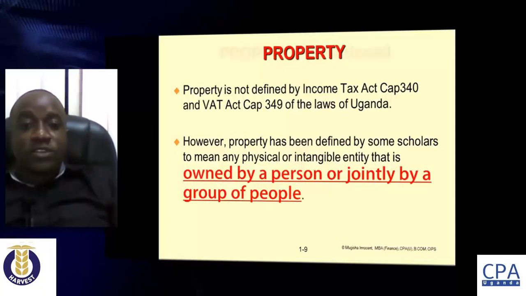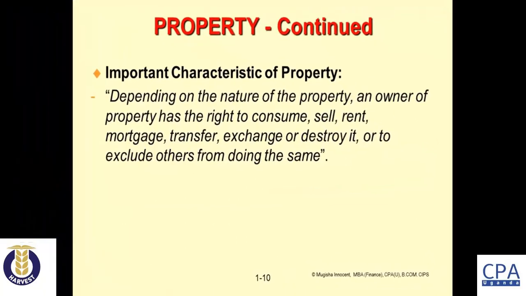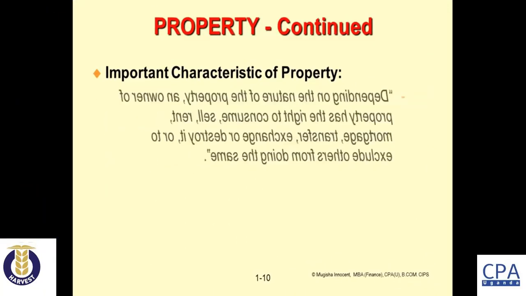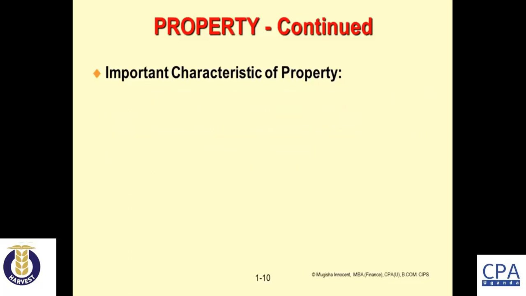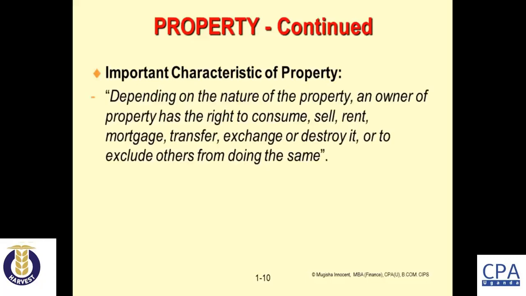So from the definition of property as an entity, it is very important to understand the unique characteristic of our property. So on slide number 10, we move into the characteristic of property.